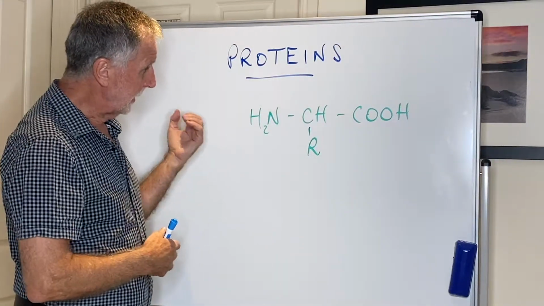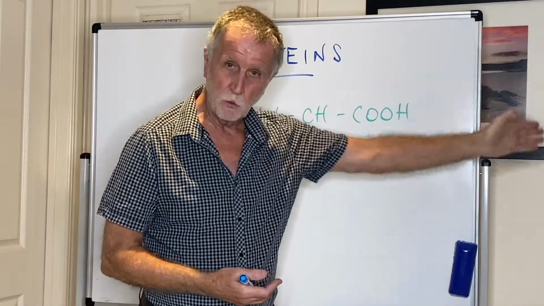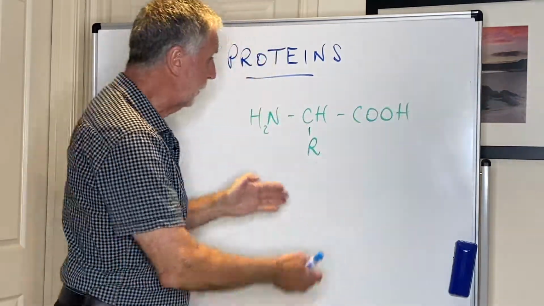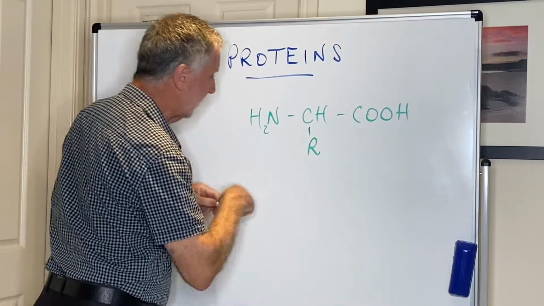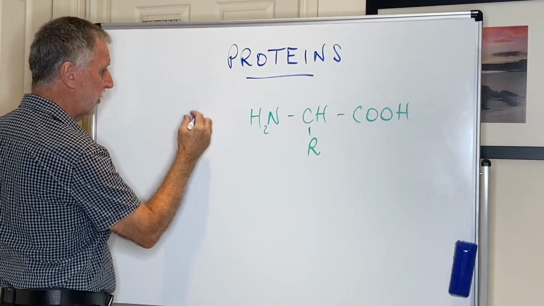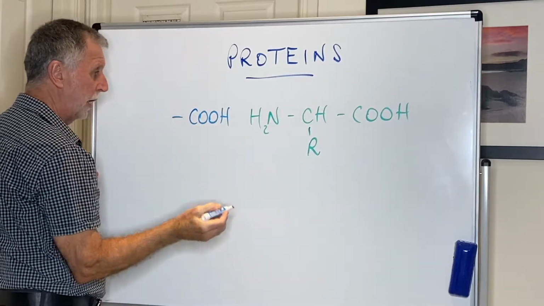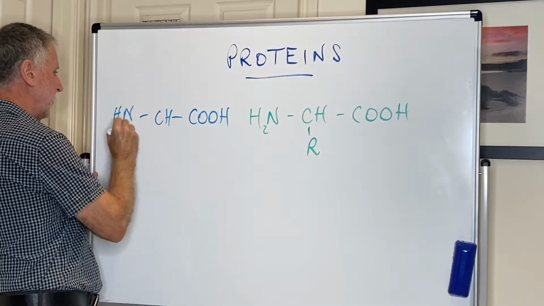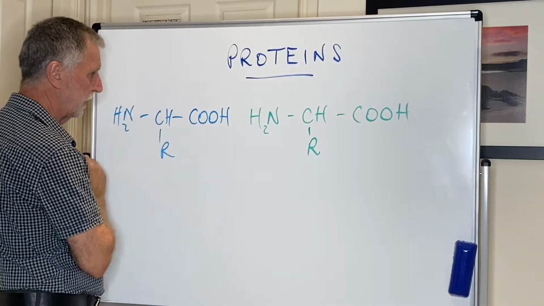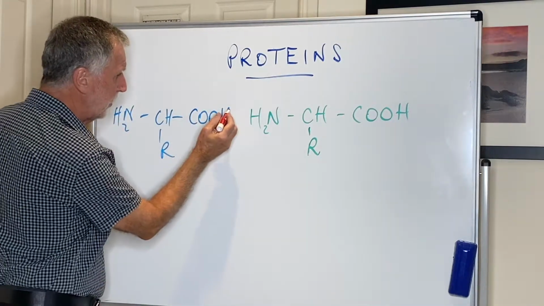In this particular case, we are going to form amide links over and over and over again. If you can imagine putting another carboxylic acid here, then the carboxylic acid of one, let's just show you. So let's put a COOH here, and let's finish it off and make the amino acid NH2 with R like that. And then what happens basically is the carboxylic acid loses its OH.